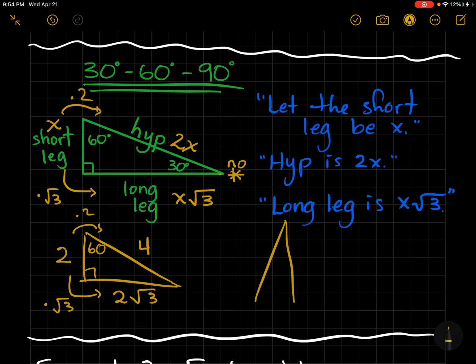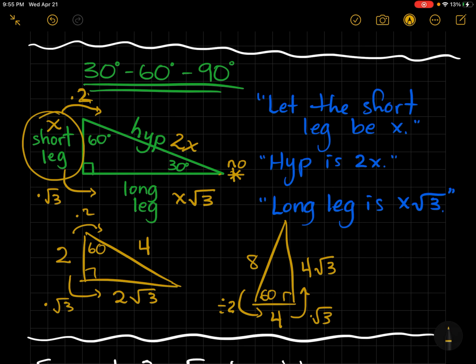Let's say you know the hypotenuse is 8. Then you divide by 2. And this is just a regular 2, no radical here. So the short leg would be 4, and then 4 radical 3, you multiply by radical 3. Again, you always want to start on the short leg.